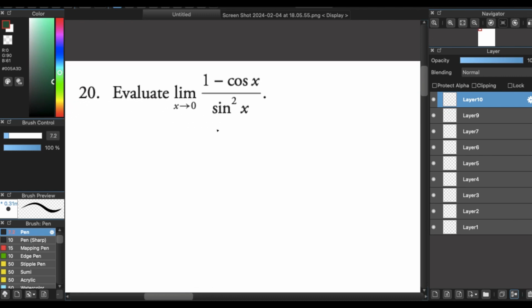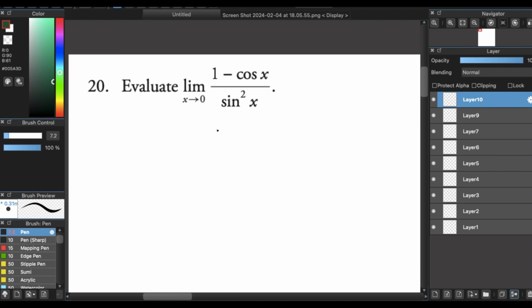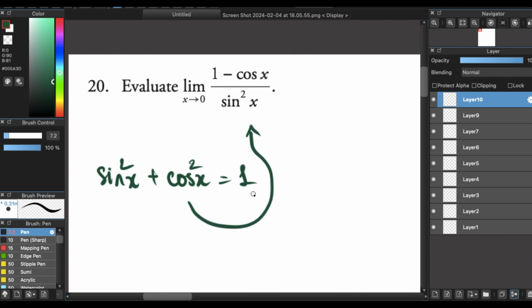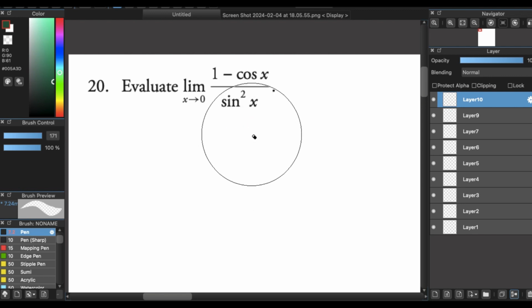Okay, let's evaluate the limit of this function. As you can see, there's something very intriguing about this expression, because remember that sine squared x plus cosine squared x is equal to 1. So we can totally substitute sine squared x as this.